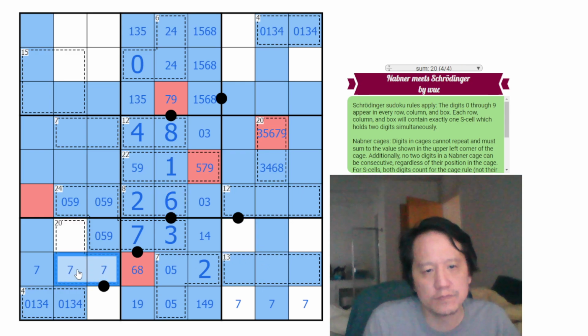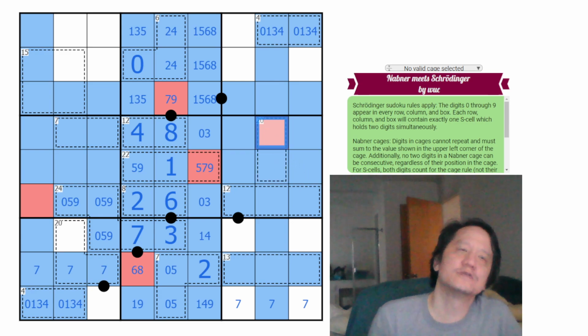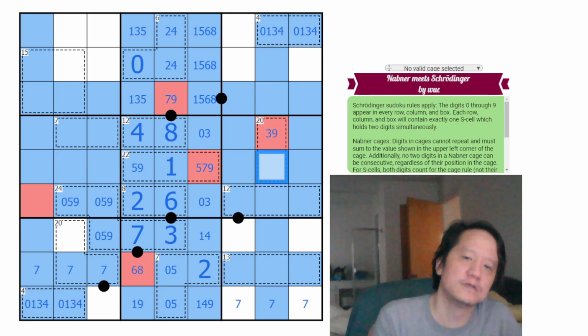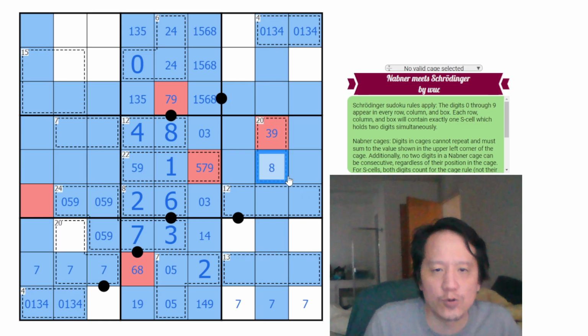Interesting. So if it's Schrödinger, this would be 3, 9, and this would have to be 8. Okay, so let's look at the possibilities here. So this is either 3, 9, 8. So this would be 3, 9, and 8. Other possibilities of 20 is 4, 7, 9.